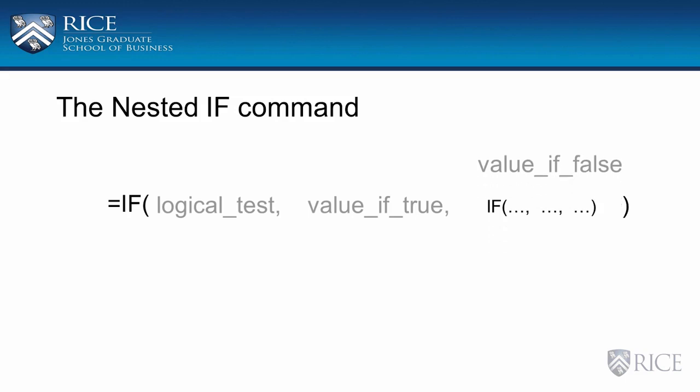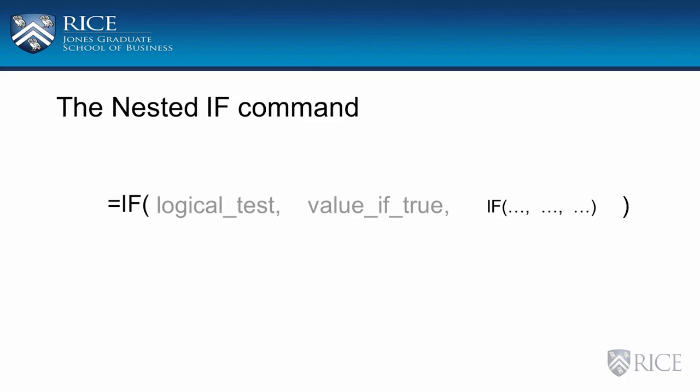So now we have an if command, a logical test. Based on that logical test, we put in a value if that logical test is true. And in case that logical test is false, rather than putting in a value, we execute yet another if command. So that is what makes it a nested if command.